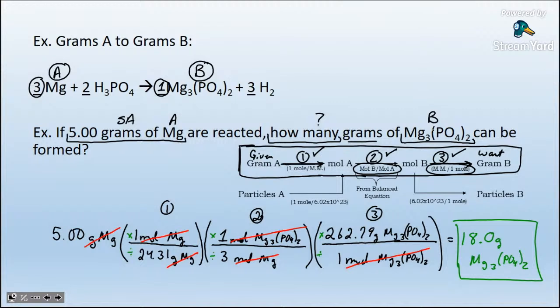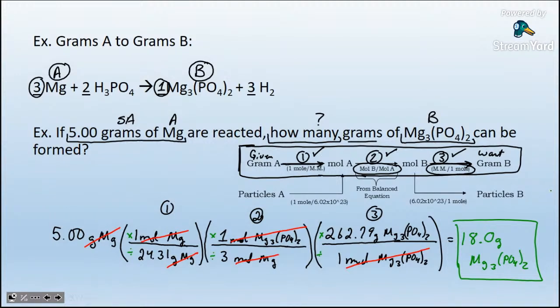So we can run the reaction, collect the magnesium phosphate, and then mass it and see if we actually produced 18 grams. It's a way for us to have some quality control to verify that what we're doing is what we say that we're doing, mathematically and physically in the lab.